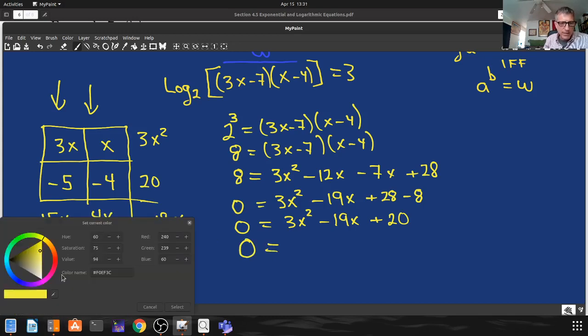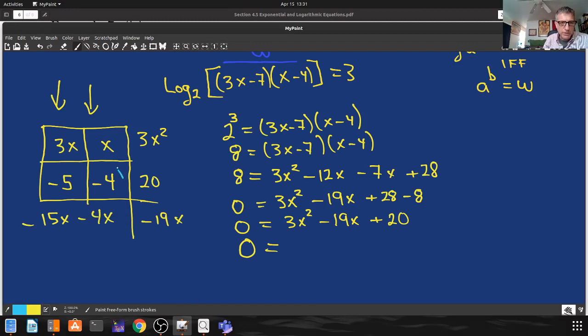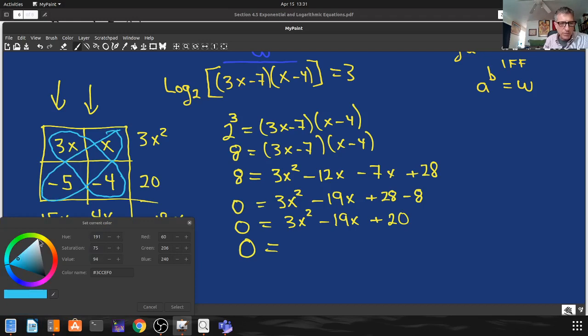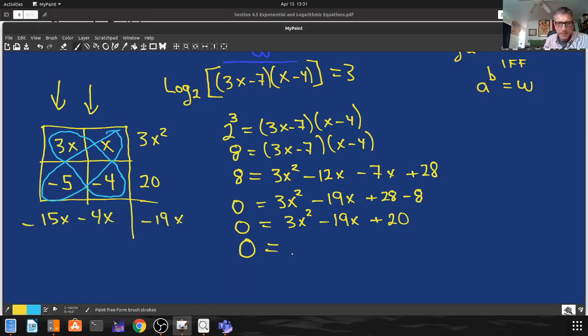And remember again, if you got all the information, make sure you extract the right factorization by doing this kitty corner thing right here. So x minus 5 times 3x minus 4. Now I realize some of you factor differently. That's fine. You can factor any way you want. As long as you get the right answer, I don't care.